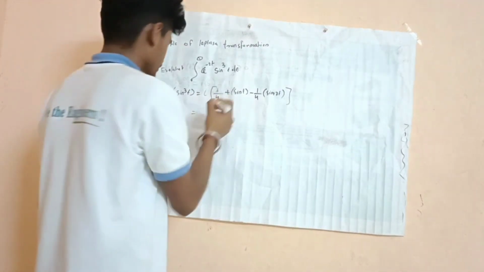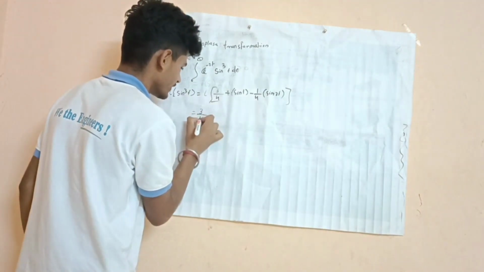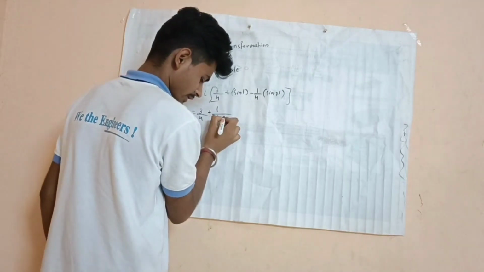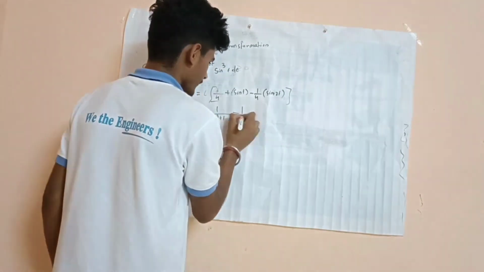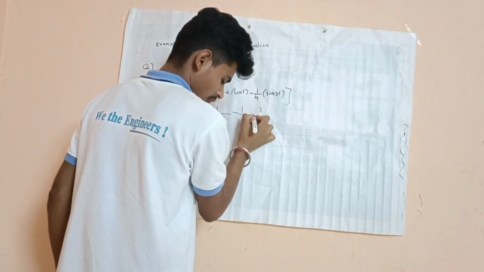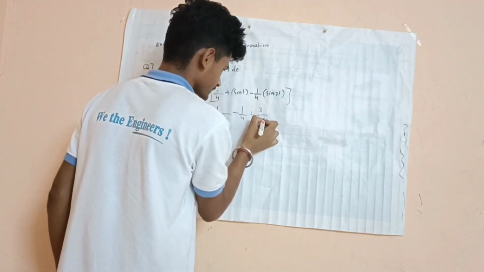So simplify it, so we get 3 by 4 into 1 by s square plus 1 minus 1 by 4 into 3 upon s square plus 9.